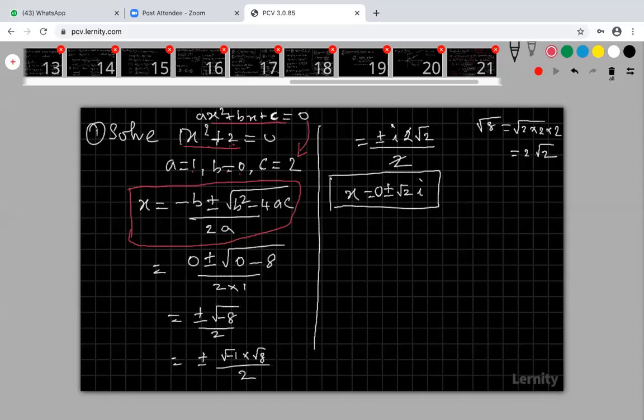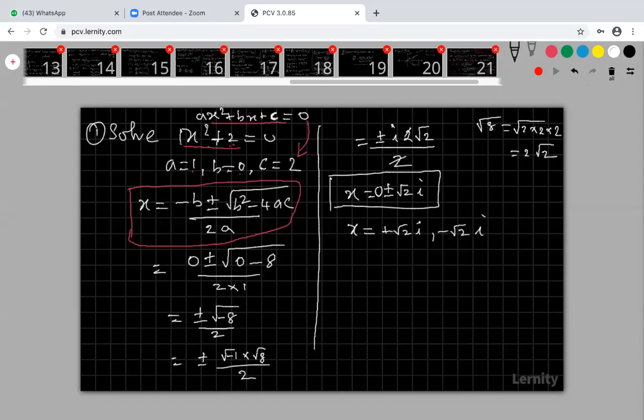Since my b square minus 4ac is negative, I am going to use root of minus 1 is i, so I will get my solution as a complex number. There are two solutions. One is x is plus root 2 i, and the other one is minus root 2 i.